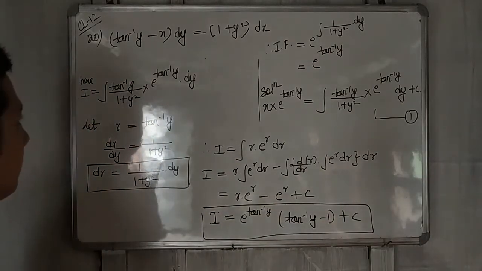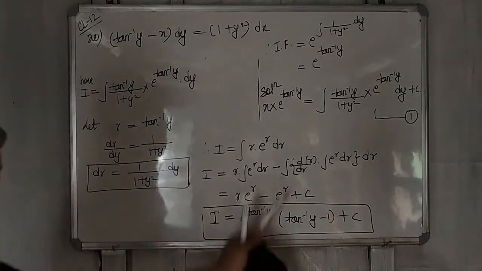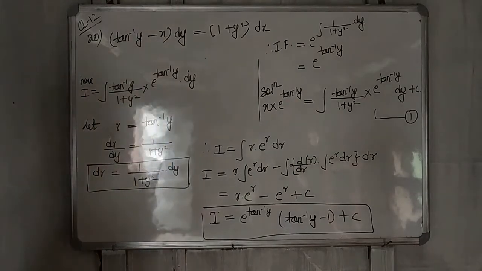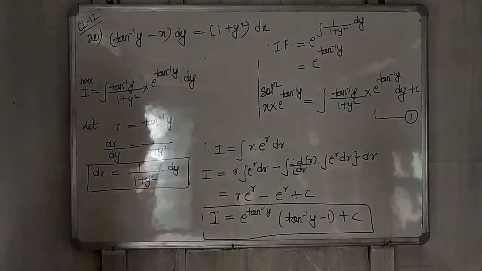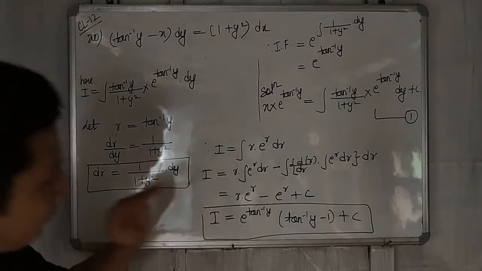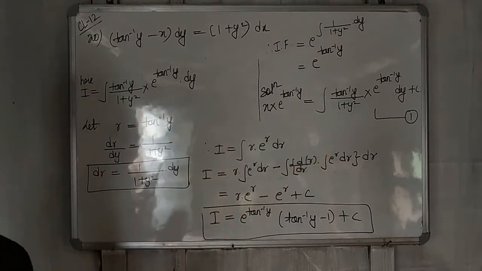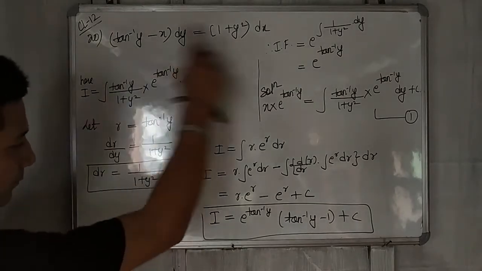Okay, so please pause the video till here. Important type of questions. It has already come in CBSE, NCERT example means it has already come in CBSE. Alright, so now what will I do? I'll put this value for I in equation number 1. So I hope you have done this.